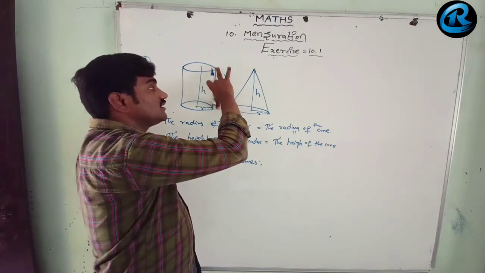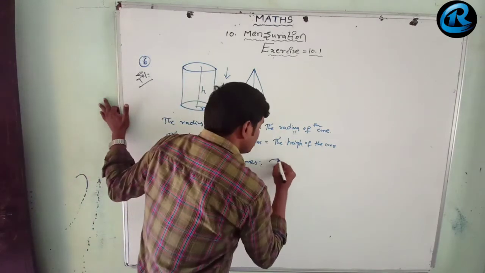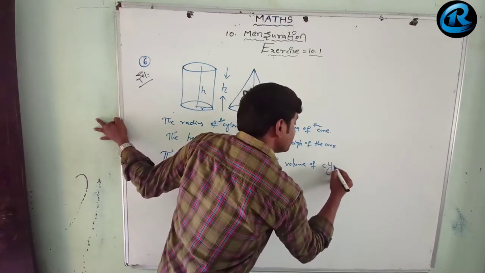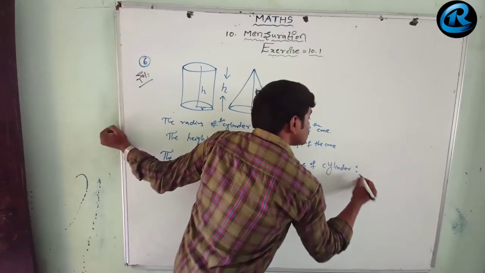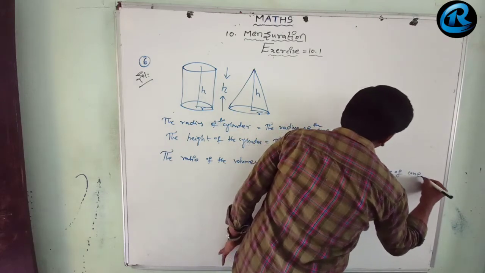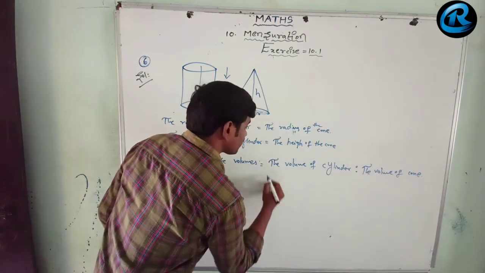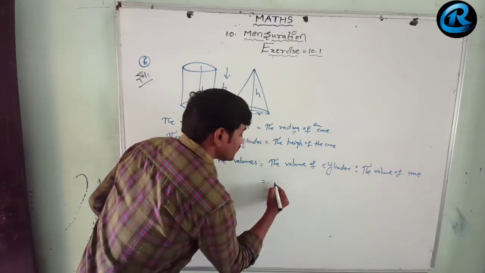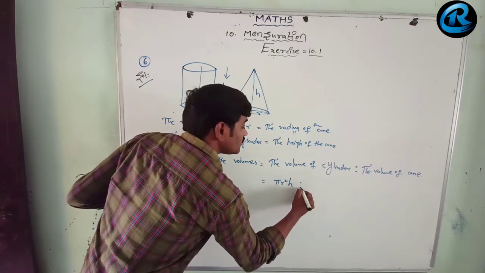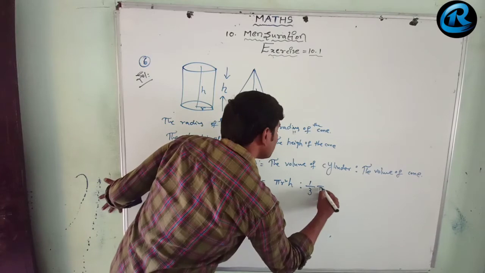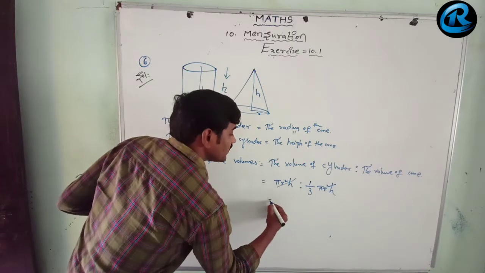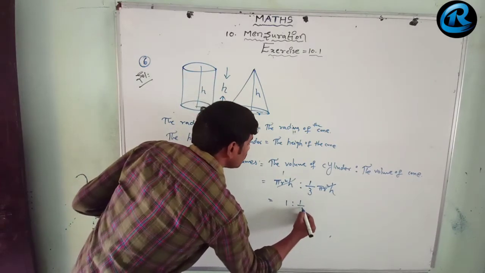See, the volume of the cylinder is to the volume of the cone. The volume of the cylinder is pi r square h, is to the volume of the cone, 1/3 pi r square h. And see, this pi r square h will cancel. Here we get 1. So 1 is to 1/3.